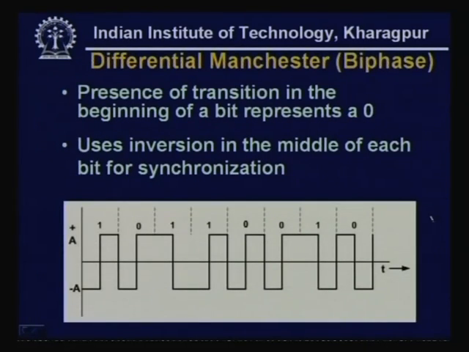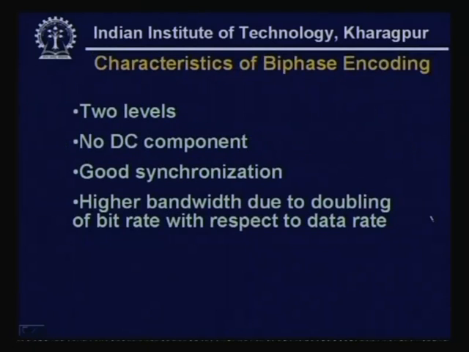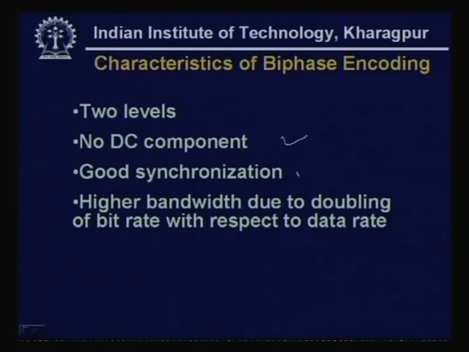So, the average value will be 0. So, there will be no DC component present. It is a very good feature, and it provides very good synchronization, because the number of transitions per bit element will be at least 1. There may be more than one transition in case of consecutive zeros or consecutive ones, but it gives you at least one transition.